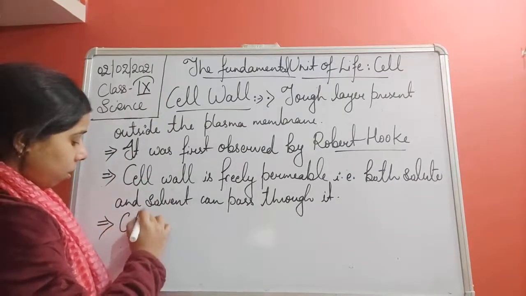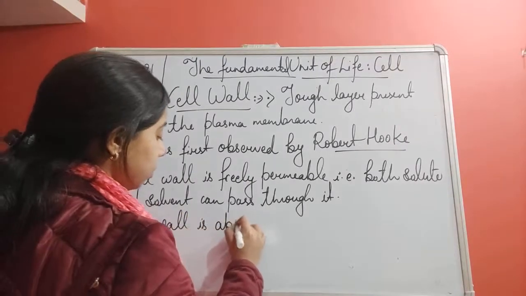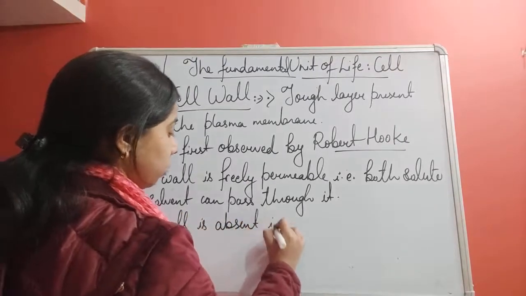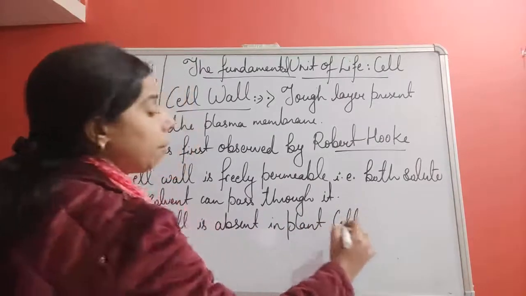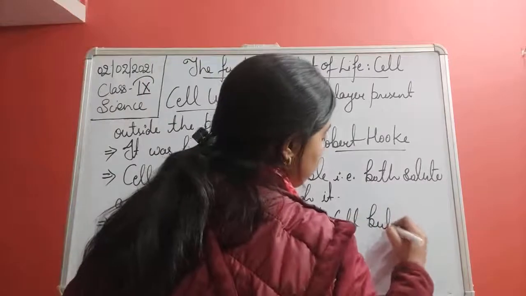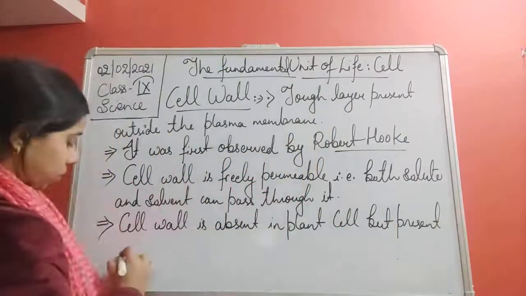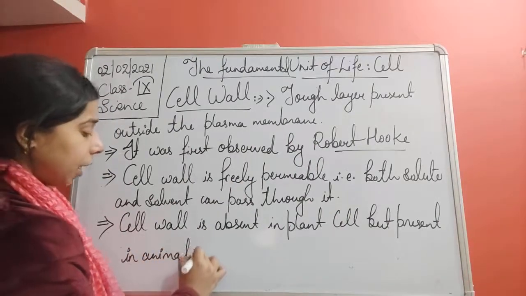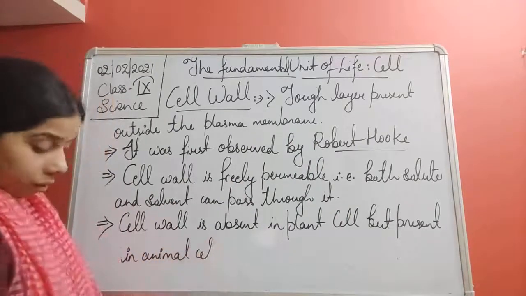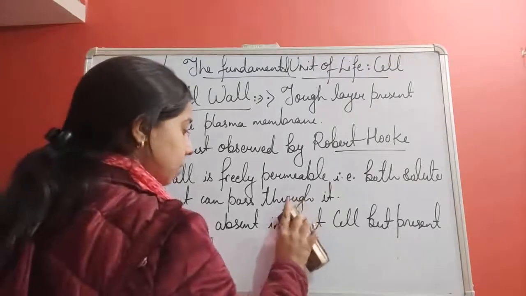Next one is that the cell wall is absent in animal cell but present in plant cell. Okay, sorry students, it is absent in animal cell but present in plant cell.